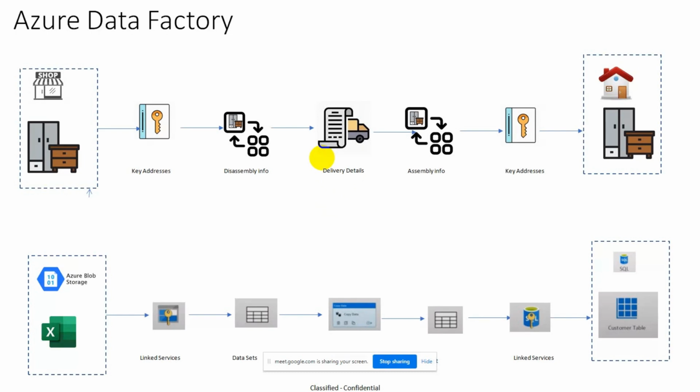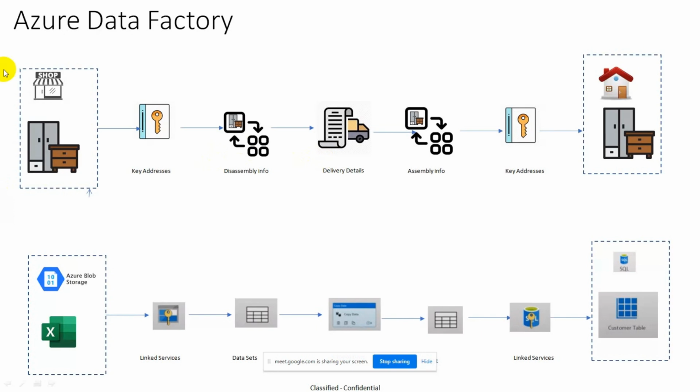Those delivery men are nothing but Azure Data Factory pipelines. And there is a person who is managing these delivery men. For example, if you have 15, 20 or 100 delivery men delivering furniture from the shop to the respective houses, there is a manager assigned to those delivery men, a delivery manager. So the delivery manager becomes the integration runtime.